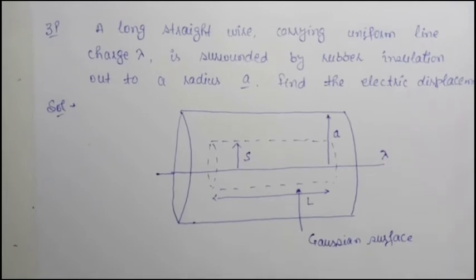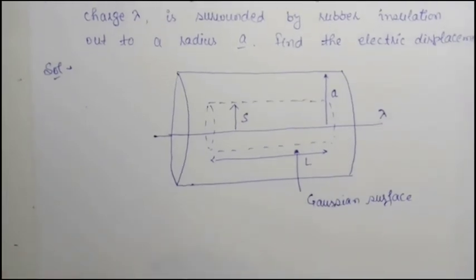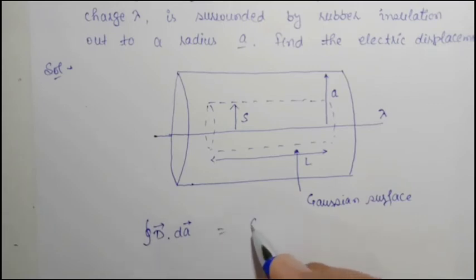Now here we will apply Gauss law. So according to Gauss law, in the presence of a dielectric, here we have the electric displacement vector, and this is equal to the total free charge enclosed.